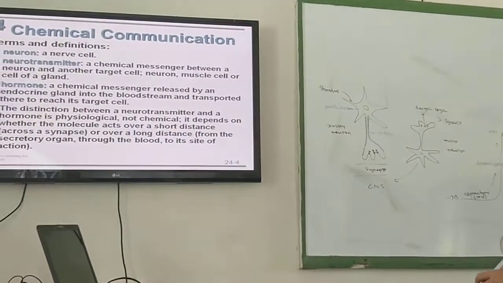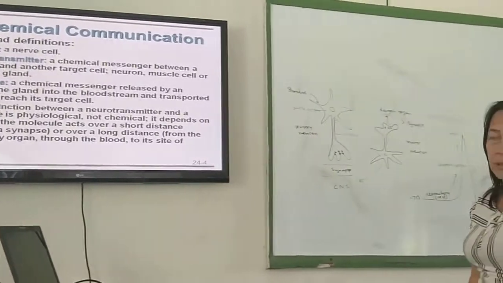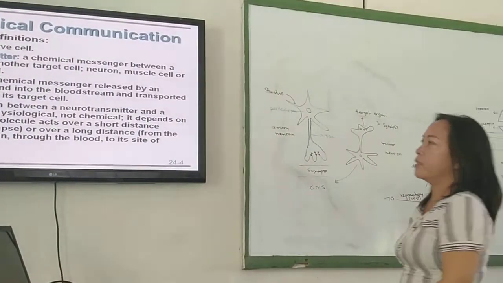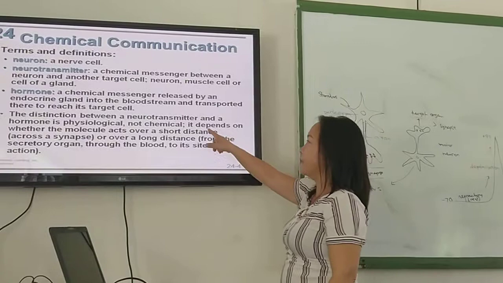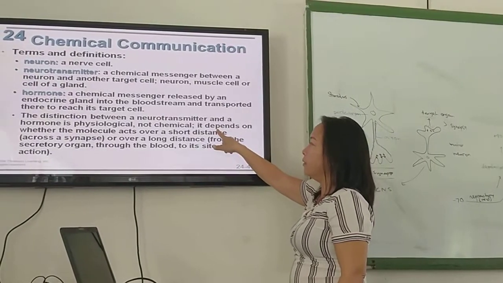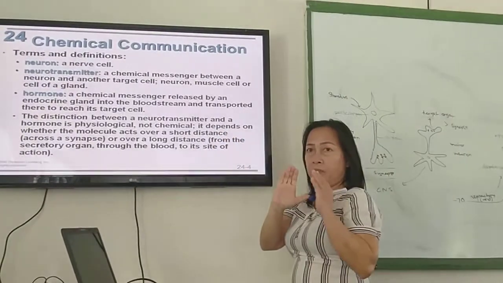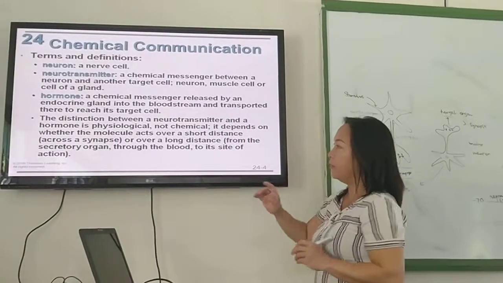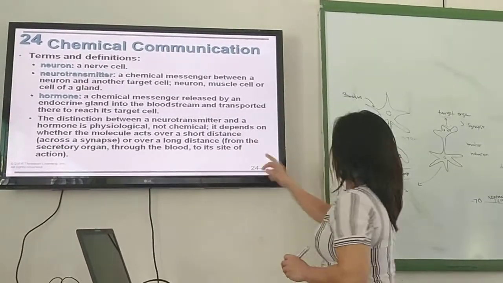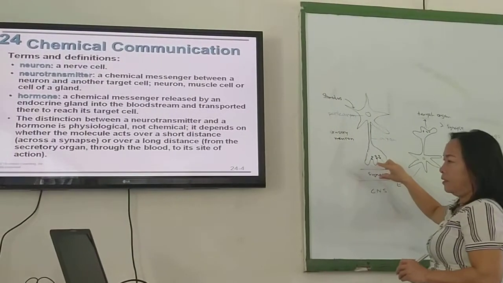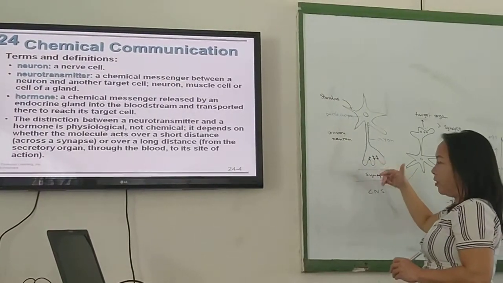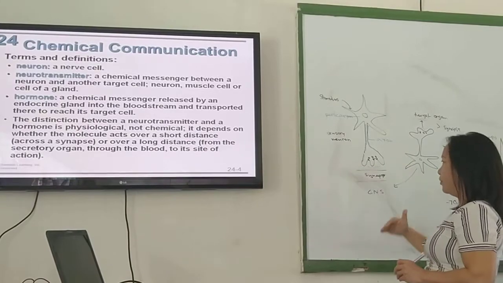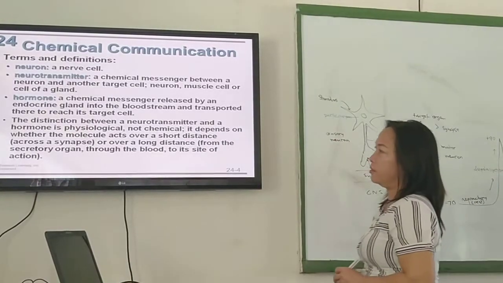Now it depends on whether the molecule acts over a short distance. That's why it's physiological, because the neuron acts for a short distance, only for a shorter time, usually milliseconds. It acts across the synapse, here, this is the synapse, found right after the terminal part of the axon.